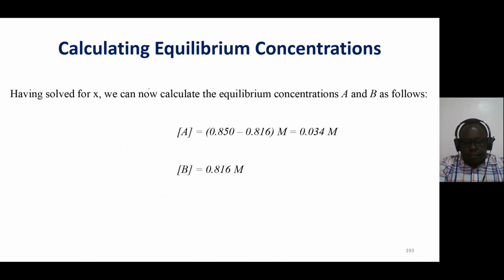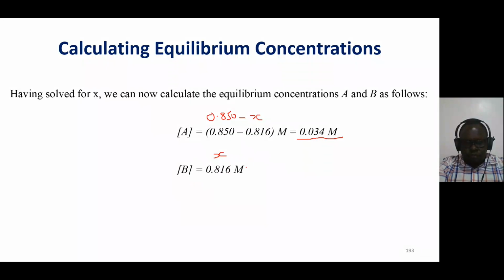So the concentration of A is 0.850 minus X. So now we have the value of X. So putting it there, it's going to be equal to 0.034 molar. Okay. The concentration of B, that is the equilibrium concentration of B, is given as X from our calculation.